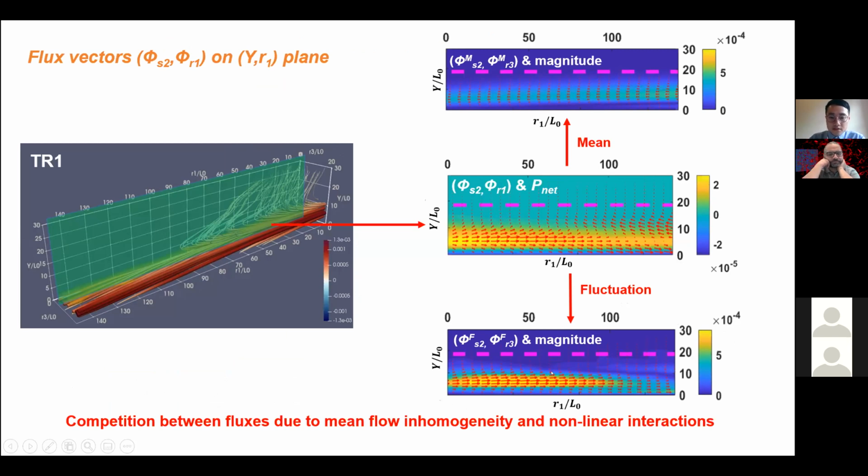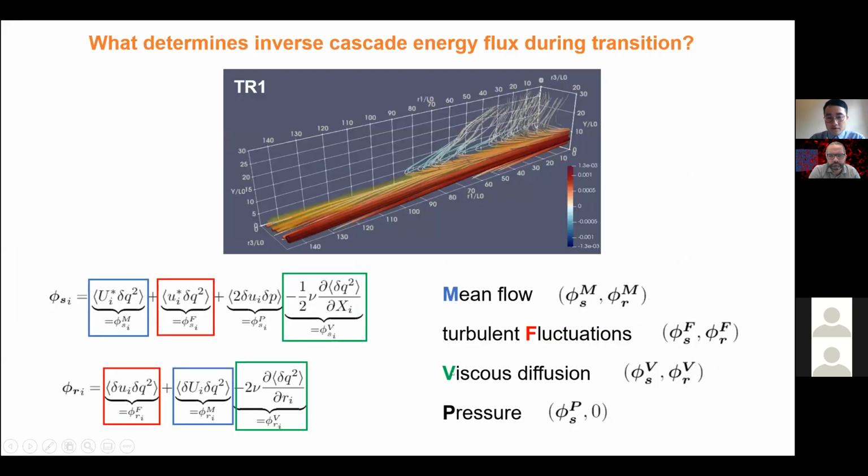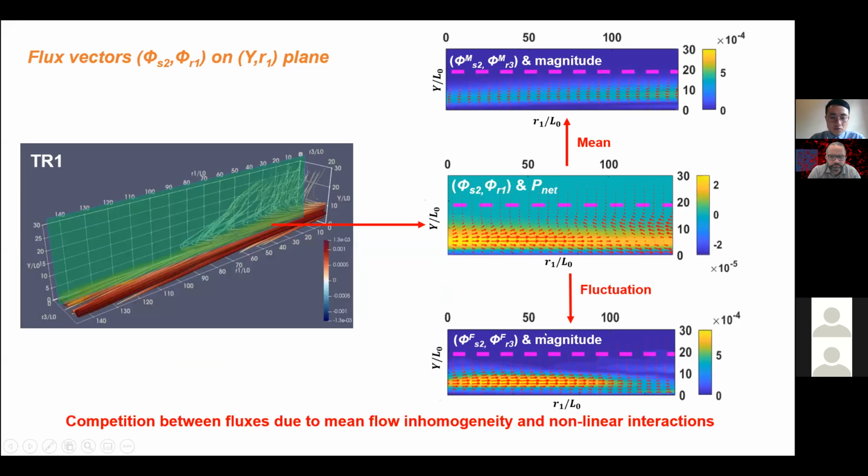The top and bottom panels are the decompositions of the middle one, where we show the total flux. Here we only show the mean flow contribution and the fluctuation contribution because they are the dominant ones. The viscous diffusion and pressure are relatively small. It is obvious to see that the large positive flux from the production peak is due to turbulent fluctuation.